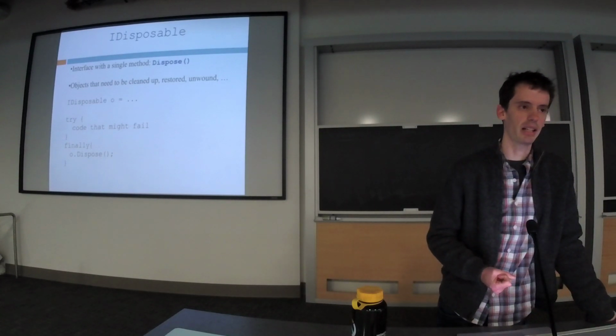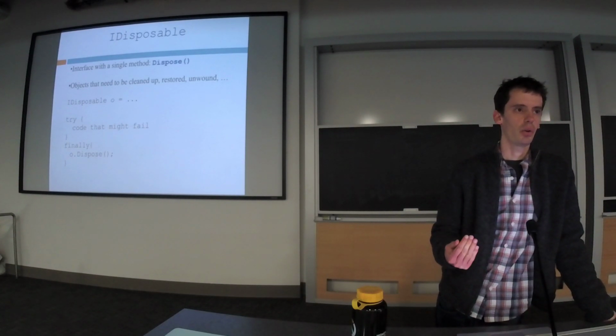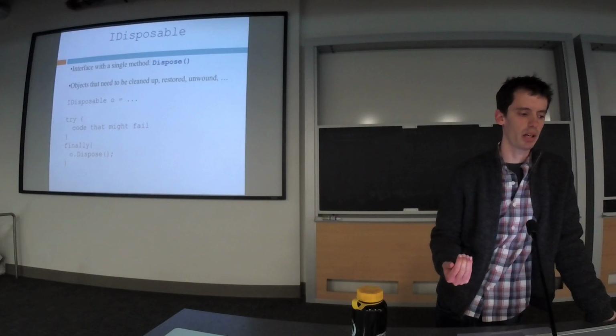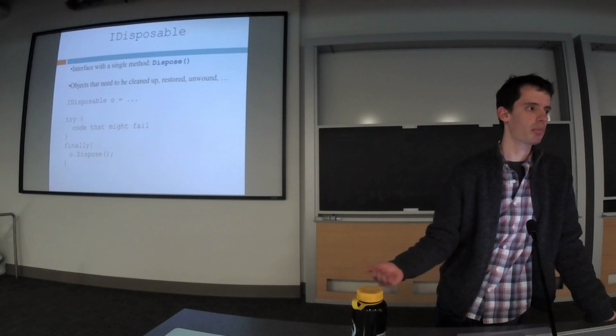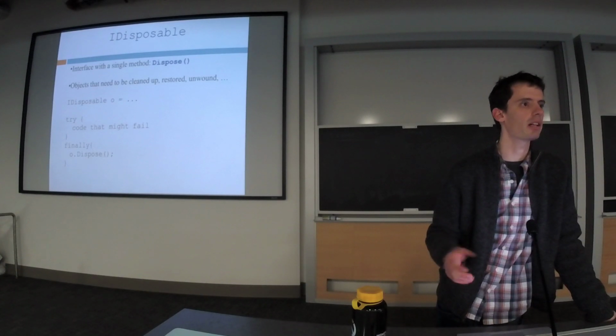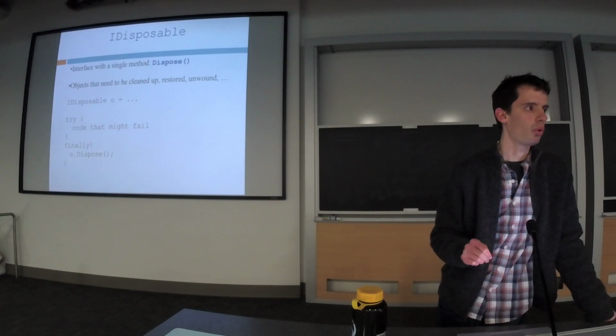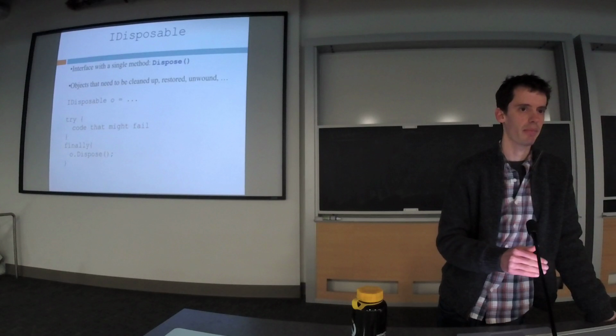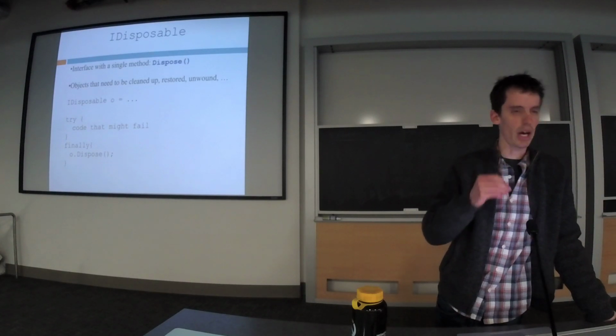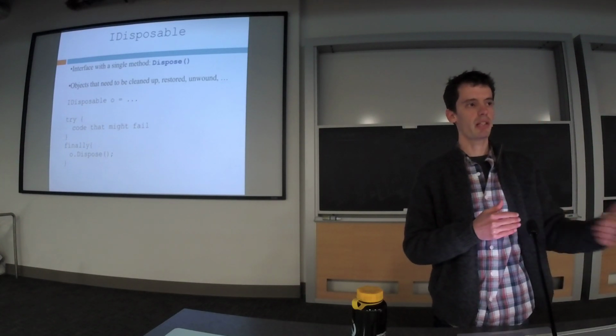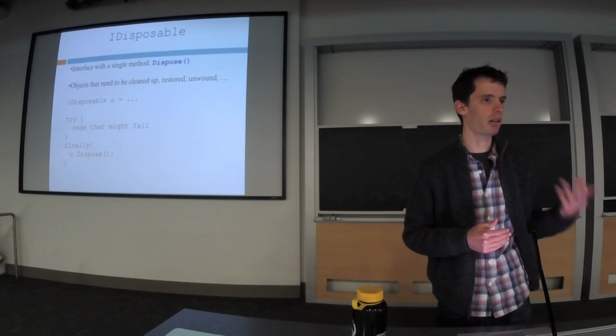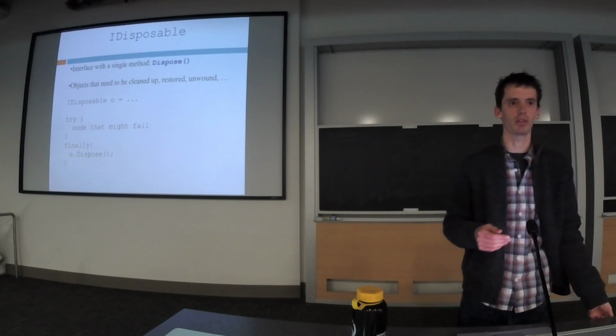The idea is you have some object where you might get it into some sort of partial or inconsistent state, and you don't want to leave it in that state. So if you try to do something, you expect it to work, but something might go wrong, like the file doesn't exist or the connection was closed.